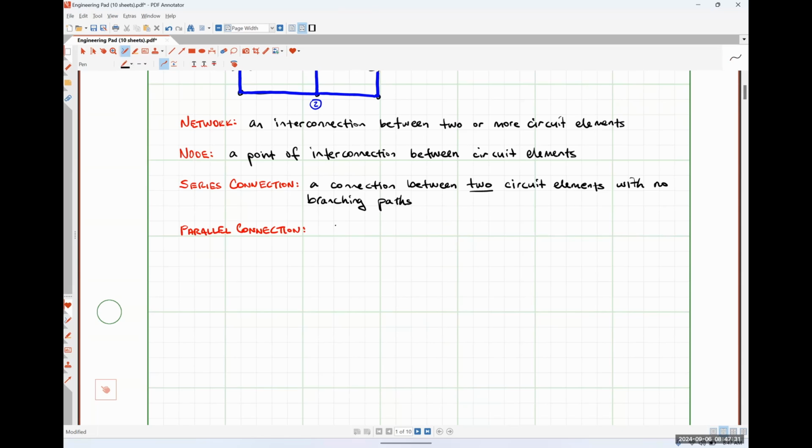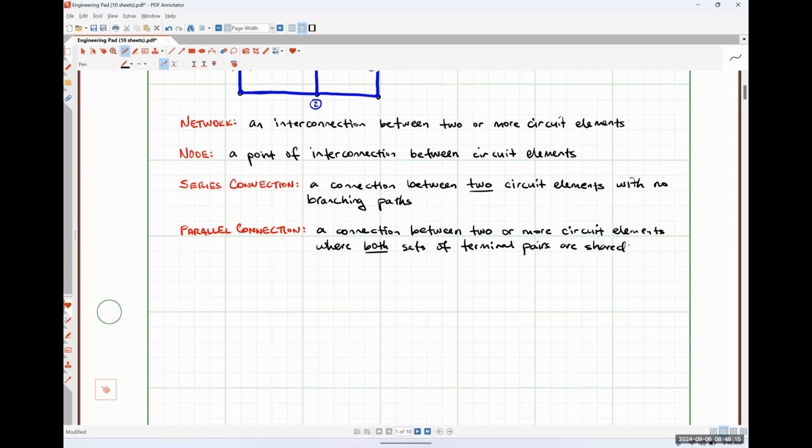is a connection between two or more circuit elements where, I'm going to underline both here, both sets of terminal pairs are shared.